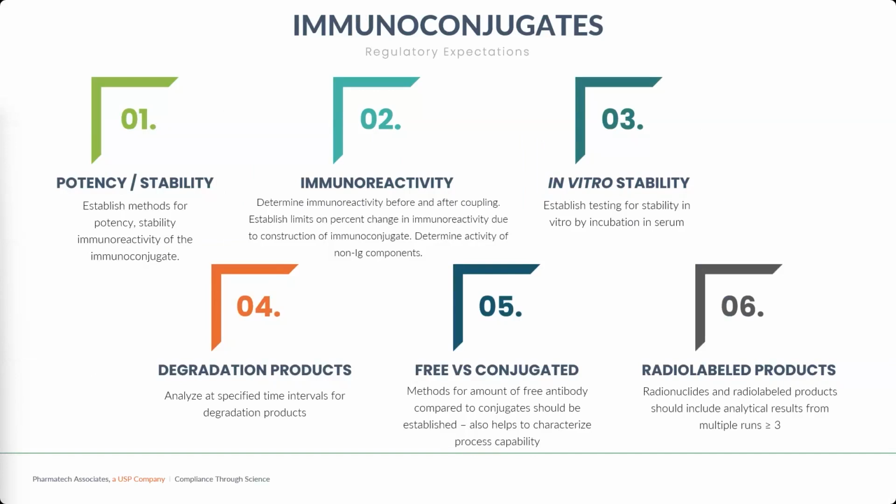Does it survive its transit from its point of infusion to its target? And then again, does it release properly with the right kinetics so that it can actually do its job as well? And so for all intents and purposes, you really have to deal with two chapters whenever you deal with immunoconjugates, right? It's not only how does the antibody behave, but it's also its payload as well.